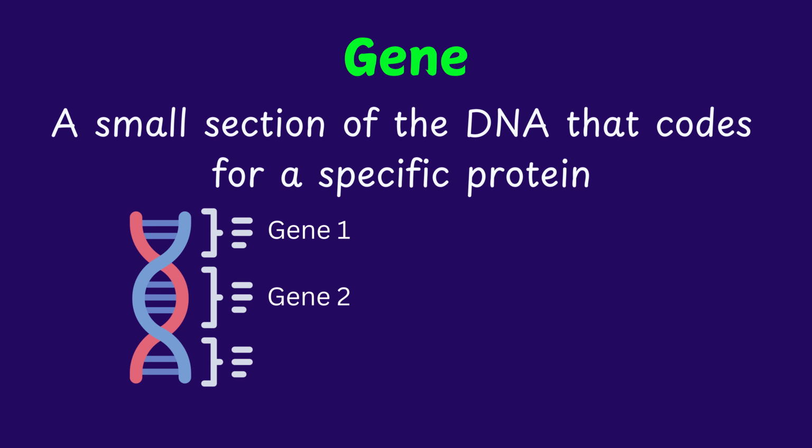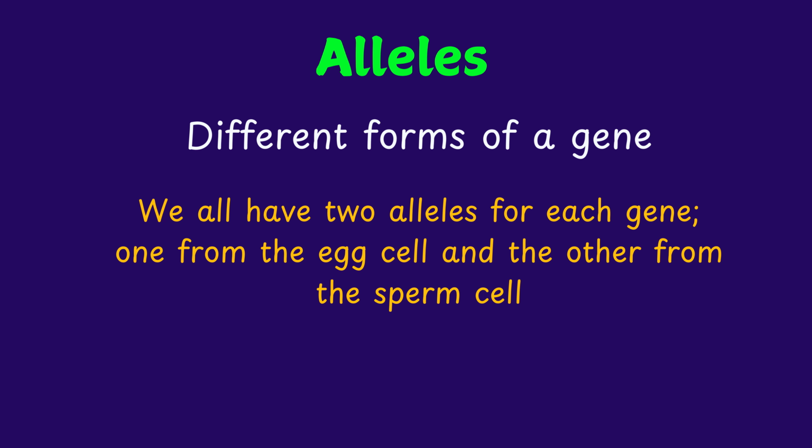Gene 2, that's a small section of your DNA that codes for a specific protein. Lastly, before we get into polydactyly, remember now, alleles, these are different forms of a gene, and we all have 2 alleles for each gene, one from the egg cell and the other from the sperm cell.